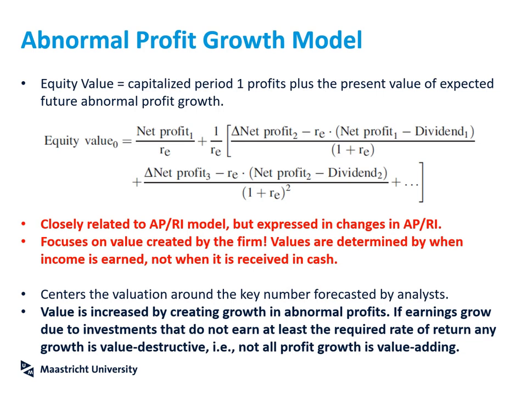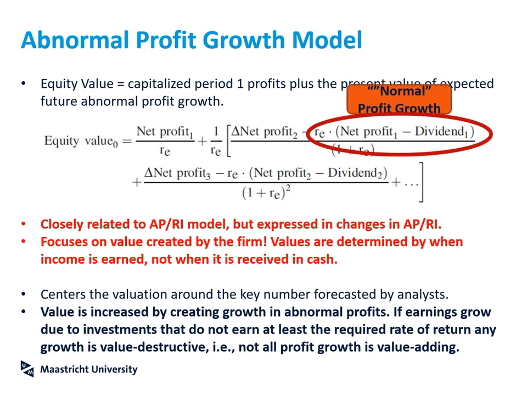So whatever net profit we have next year, we assume that we will have that indefinitely. And then we will adjust the equity value for the present value of changes in future abnormal profits. So instead of starting from book value and adding levels of abnormal profits, we start from next year's profit and we will make adjustments for abnormal profit growth in the years after that.